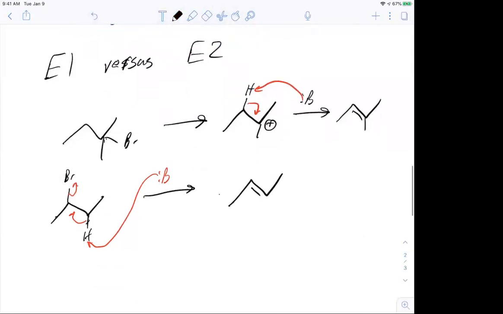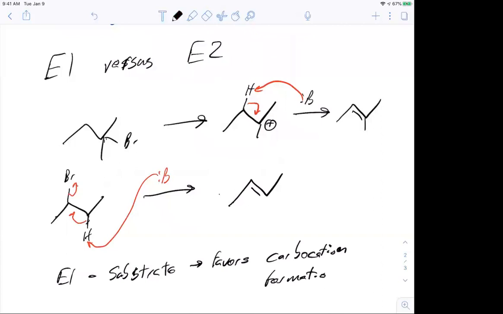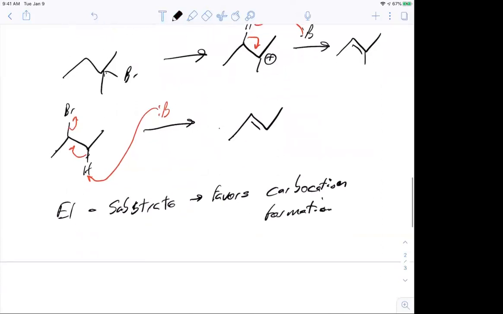So what favors E1 is that the substrate needs to be able to form a stable carbocation. In general, we don't need a great base, just need a base.